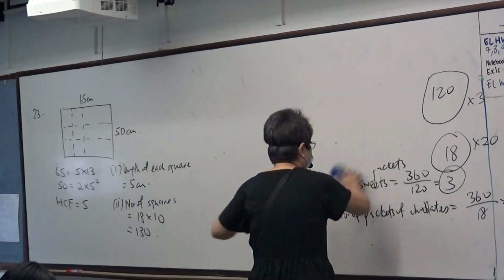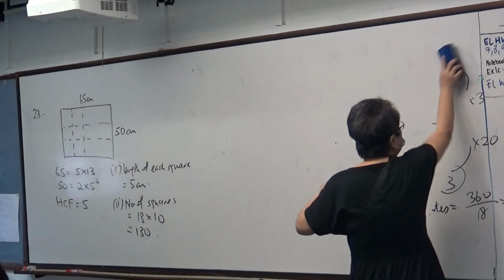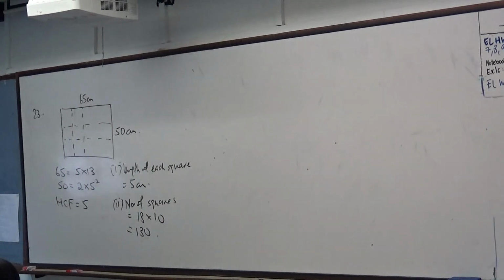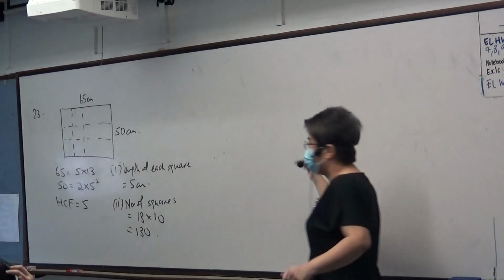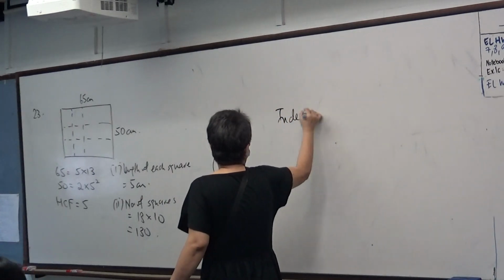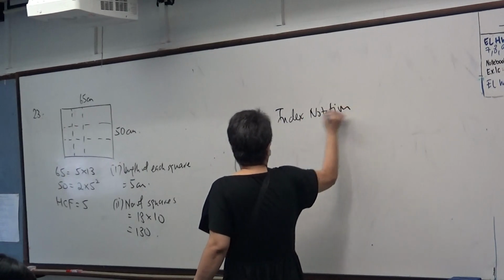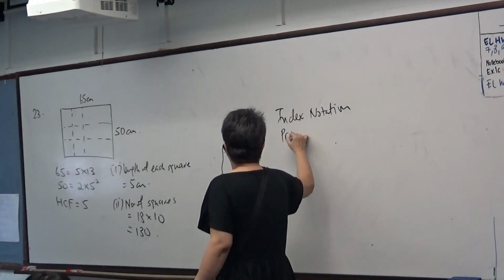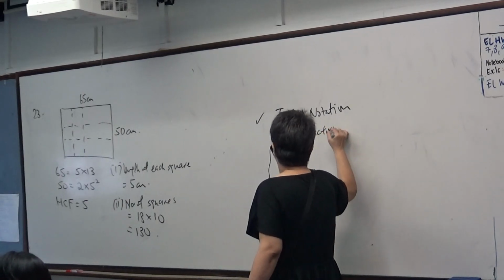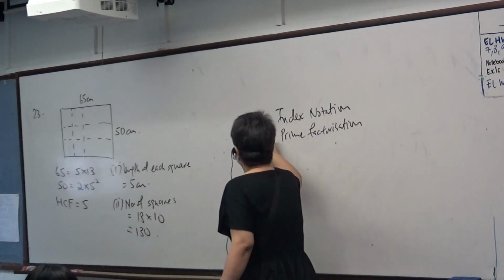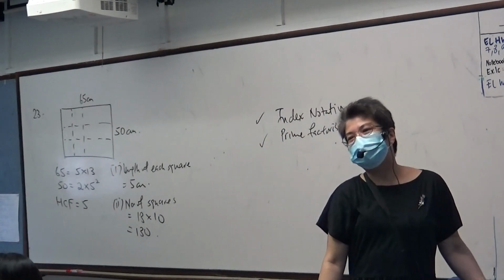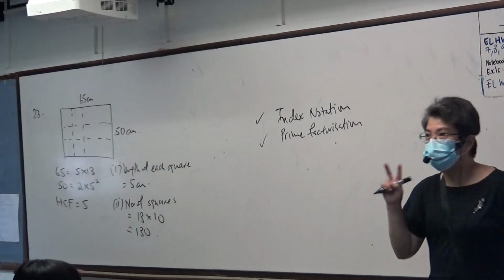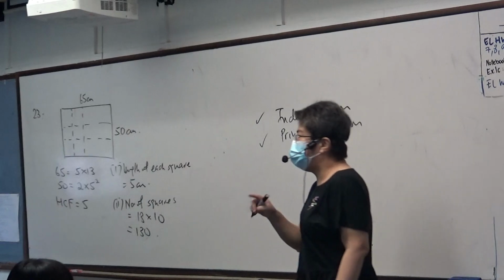First of all, we have done index notation, right? That's the first thing, index notation, correct? Then we've done something called what? Yes, prime factorization. And before we can do prime factorization, we must know what a prime number is. A prime number can only have two factors, 1 and itself.